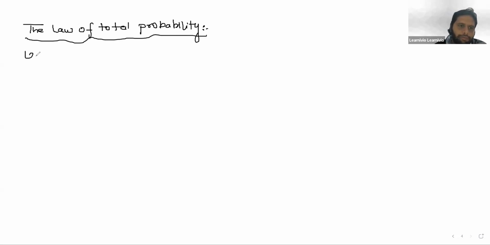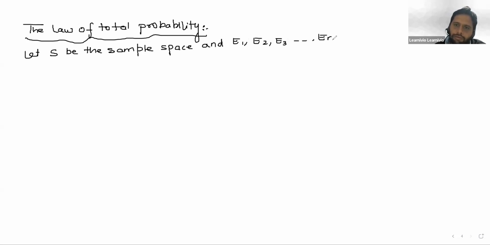Let S be the sample space and E1, E2, E3 up to En be n mutually exclusive and exhaustive events.